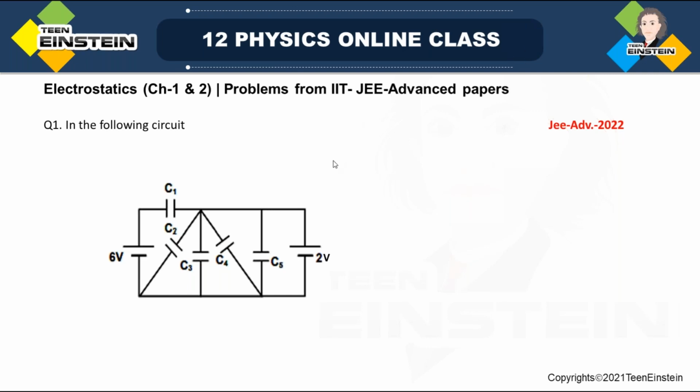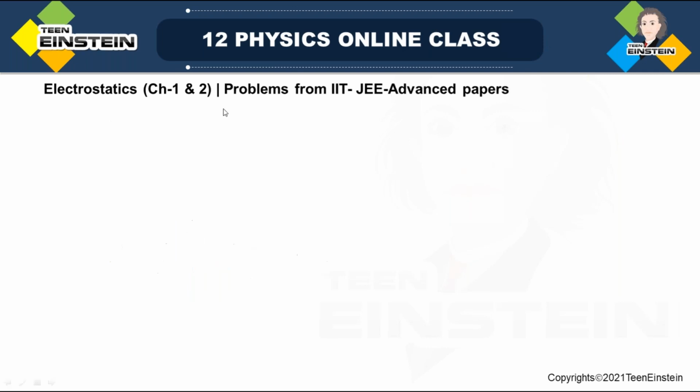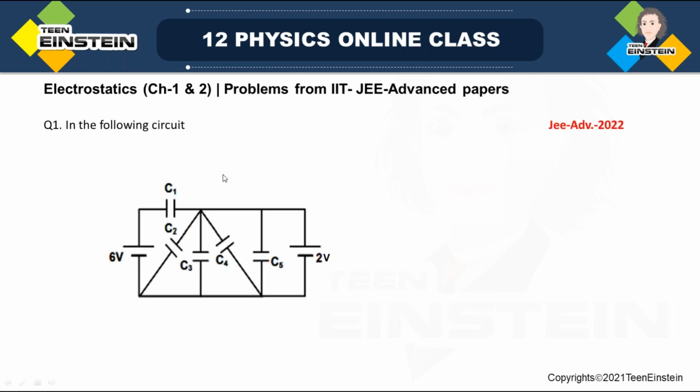All right. So you can see this question here in this figure. In this following circuit, there are 5 capacitors, and they are arranged in this way. This is a problem from combination of capacitors.